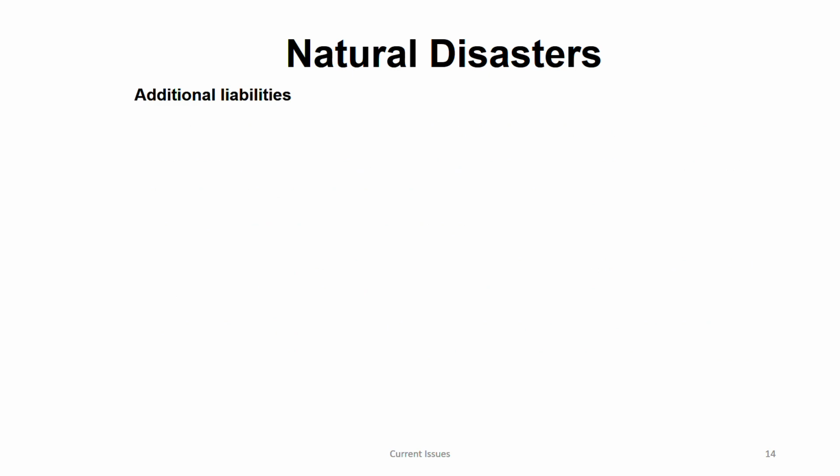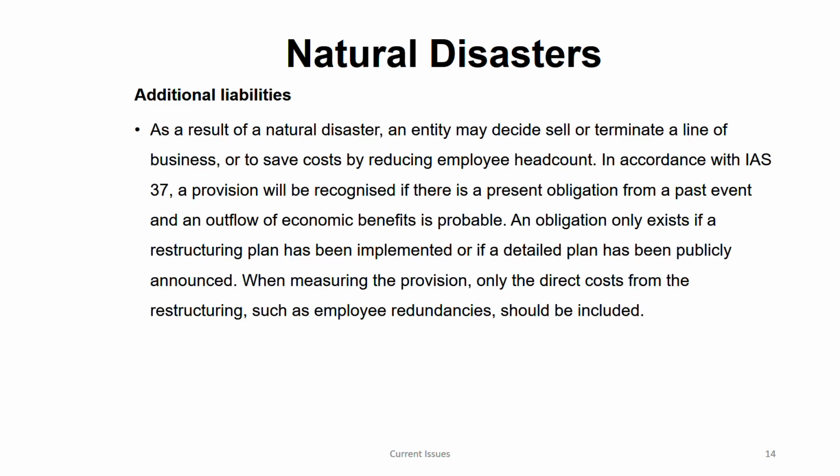Now we are moving on to the next aspect of natural disaster. This is going to have an impact on additional liabilities also. Whenever we talk about additional liabilities, it again comes under IAS 37. Because of this, an entity might decide that they are going to sell or terminate their line of business. Why? In order to save costs. Because of COVID-19, you see how many examples there are. How many businesses have been sold off, right?